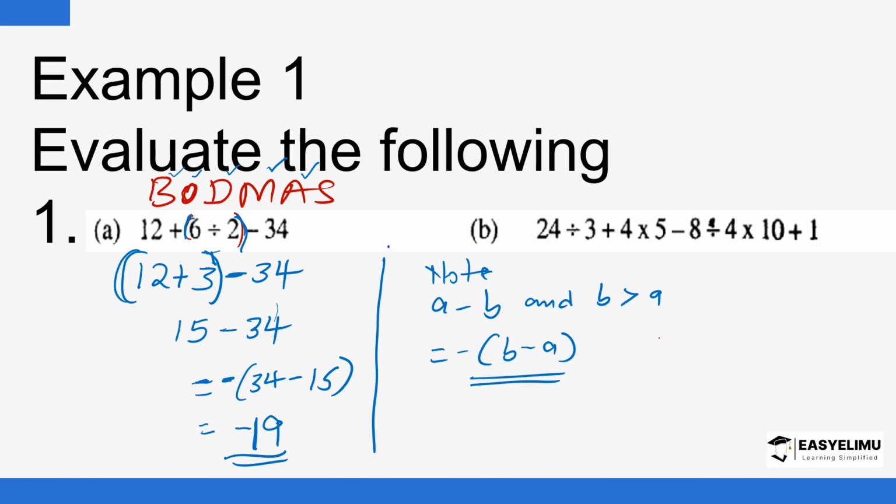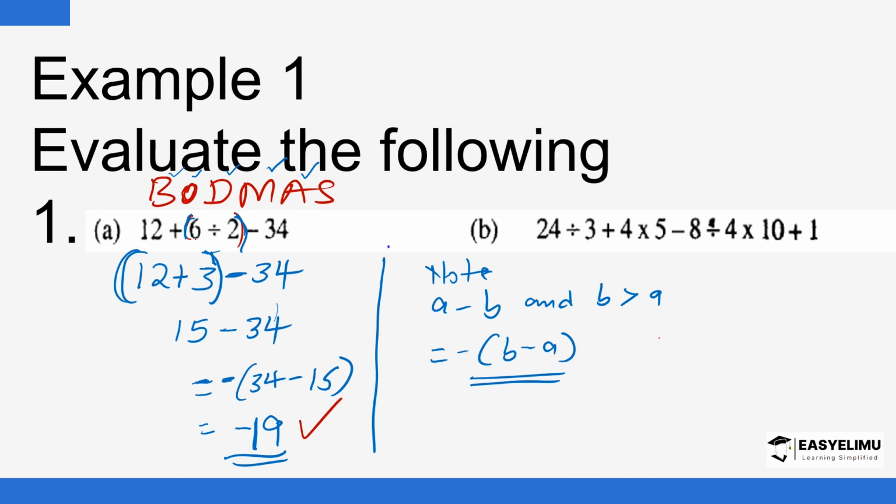So you reverse the direction, but the answer is going to be negative. That's exactly what we have done here, as you can see down there. So that is the answer.